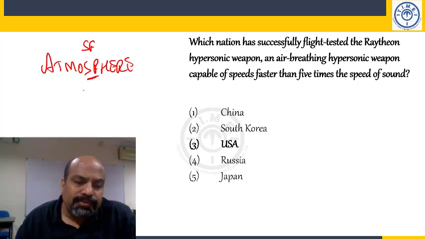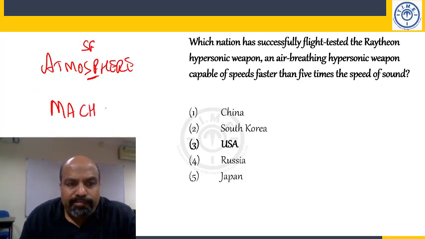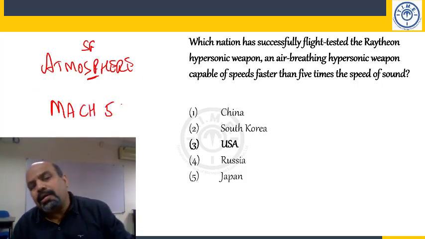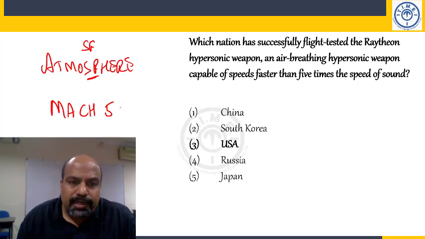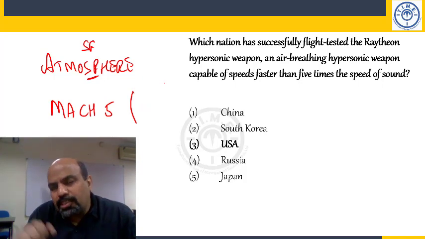Travels in upper atmosphere at speeds of more than Mach 5. In brackets, 5 times the speed of sound. 1 Mach is the speed of sound.